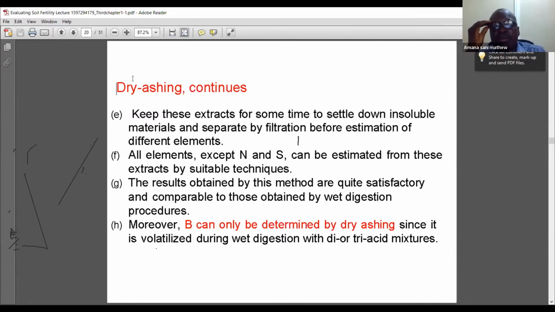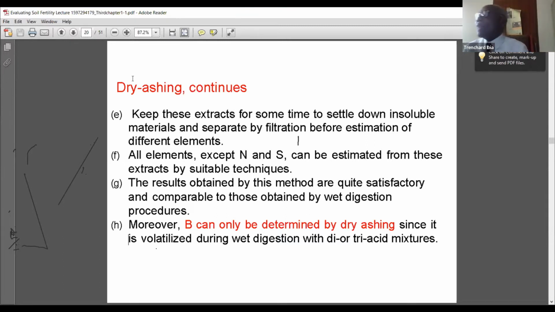Keep these extracts for some time to settle insoluble materials, and separate by filtration before estimation. You can use a centrifuge, then estimate the elements from these extracts by suitable techniques.